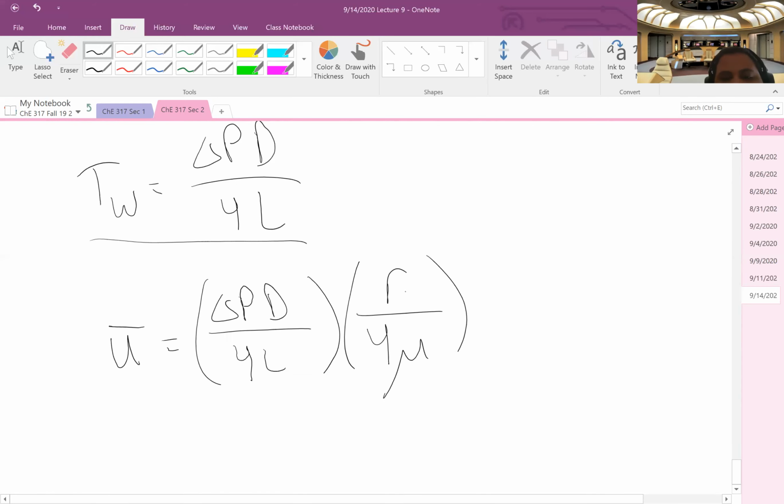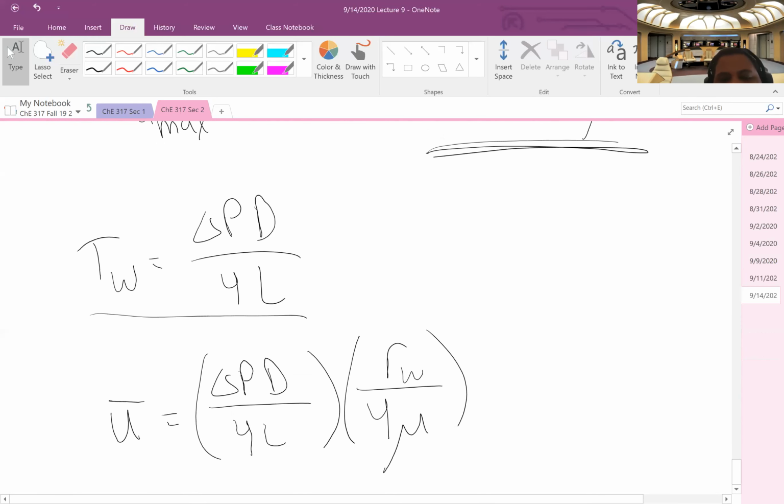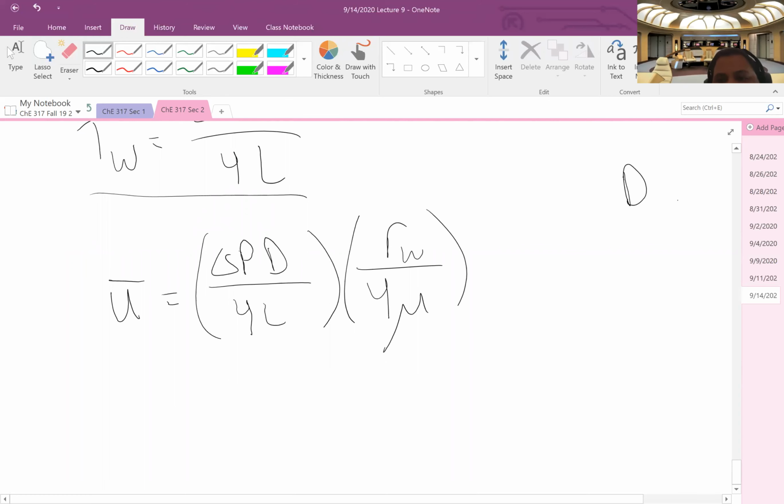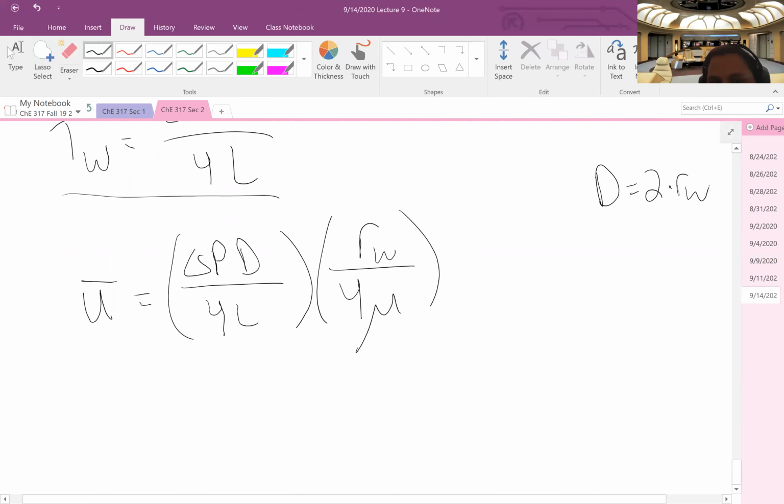Now the problem here is we have a radius and a diameter. For all intents and purposes, the diameter is just 2 times the radius, which means that if I'm going to plug in for radius, I just need to plug in diameter over 2.